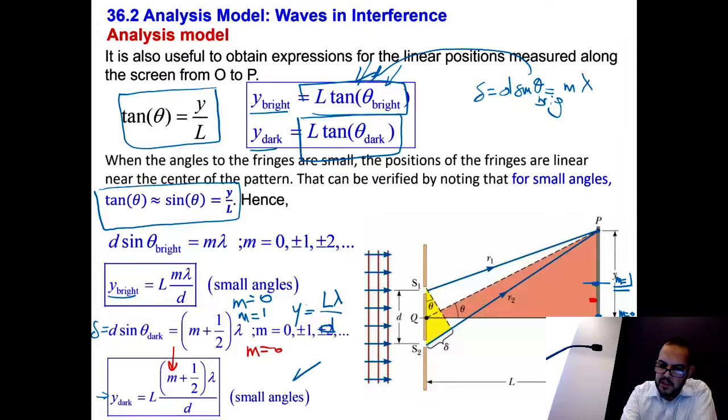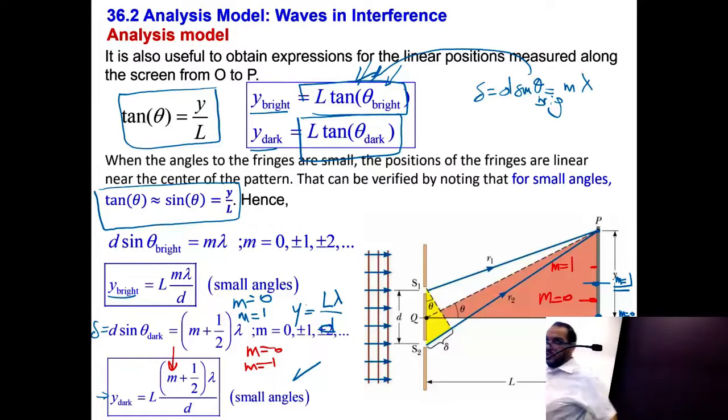So the first dark spot here is for m equal to 0. The other one on the other side is the opposite. Now for m equal to 1, y dark is going to be L times 1 plus 1/2, that's 3/2 lambda divided by d. So this one here is m equal to 0, and for the next dark spot, m is equal to 1.